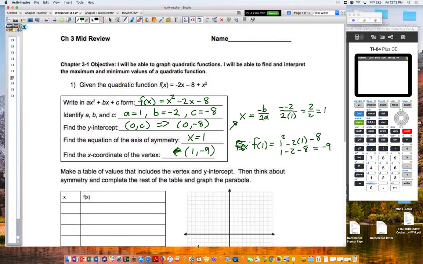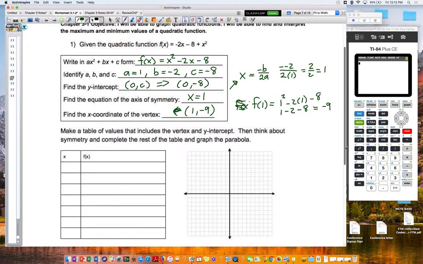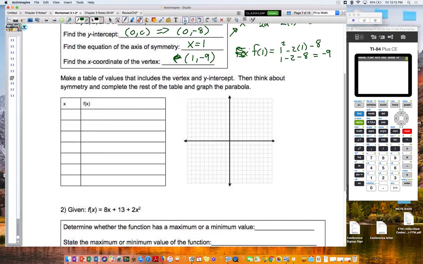So now, once I have all this information, it actually makes graphing it pretty easy. So when I put this in the table, I like to put my vertex right smack dab here in the center. So I'm going to put it at 1, negative 9. So now, these values will go 0, negative 1, negative 2, going 2, 3, 4.